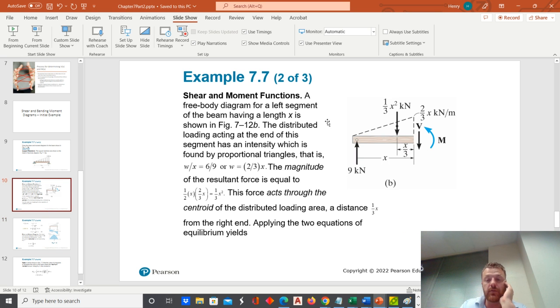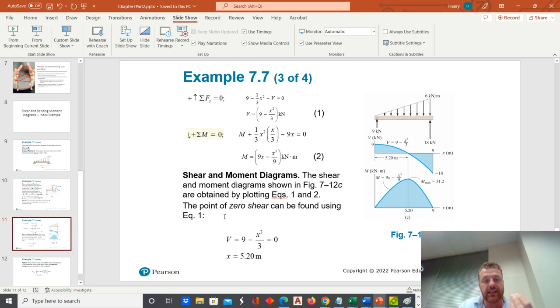The only thing we need left to do is to determine the rotation about that cut point of the concentrated load corresponding to the distributed load. It's a mouthful, but note that it's going to rotate in the counterclockwise direction, so it will be positive. Its magnitude is 1/3 x squared, and its perpendicular distance is x over 3. So that's going to leave us with a moment term that involves a cubic, or x cubed.